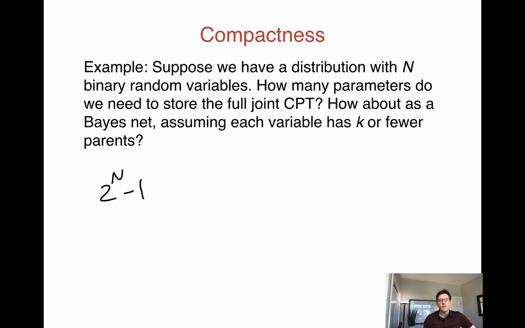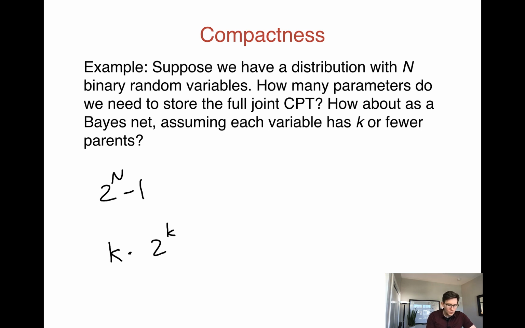Okay, what about if we have a Bayesian network, assuming each variable has k or fewer parents? Well, in that case, our distribution is going to be given to us as n conditional probability tables, so it's going to be n times something. Each of those conditional probability tables is going to have 2 to the k entries.